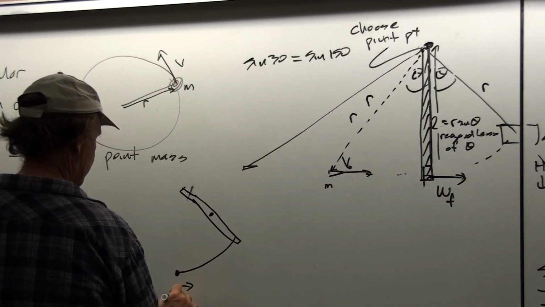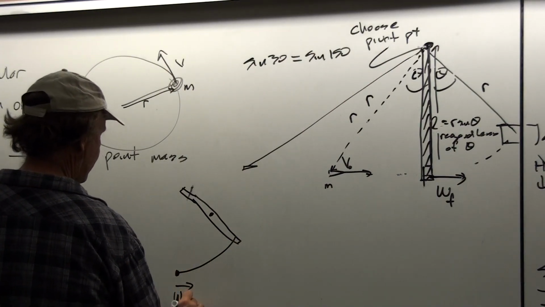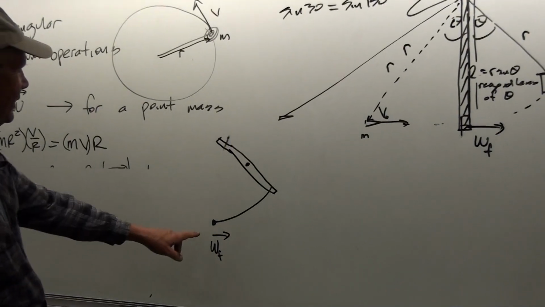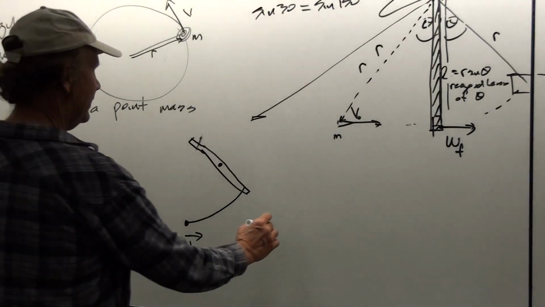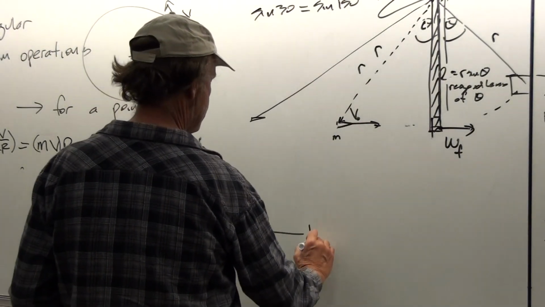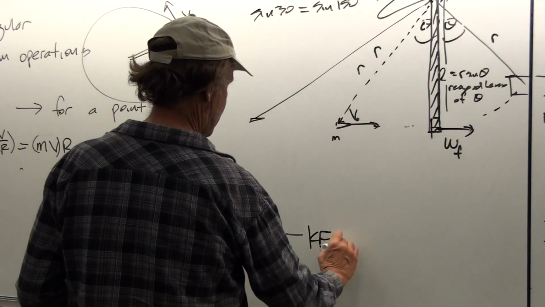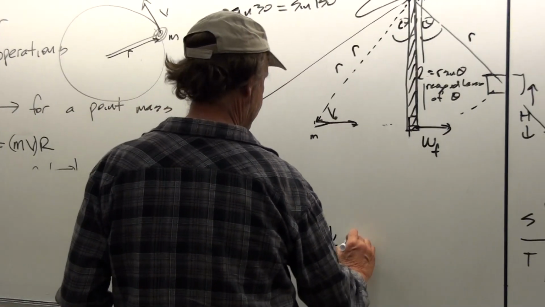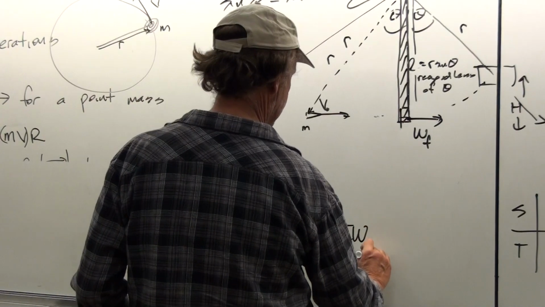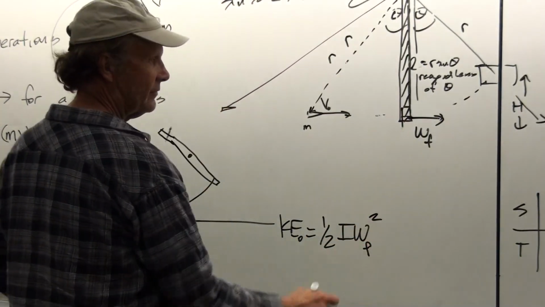Okay, so it starts out with an initial, which I'm calling the final from the previous problem, but now our initial kinetic energy at the bottom is going to be equal to 1/2 I omega final.